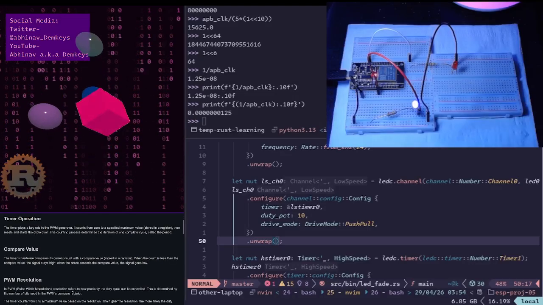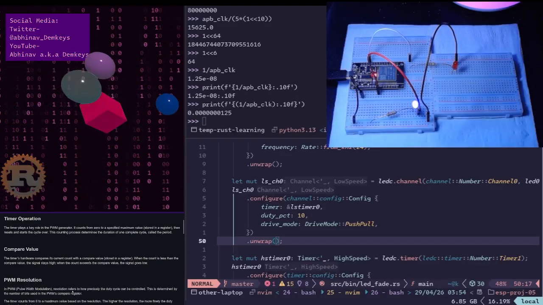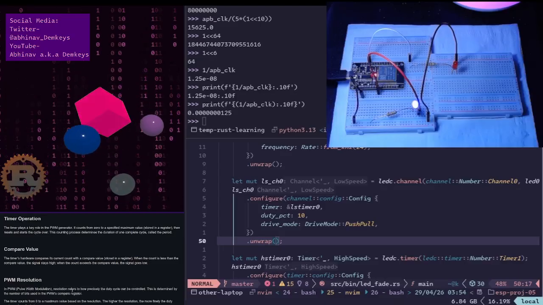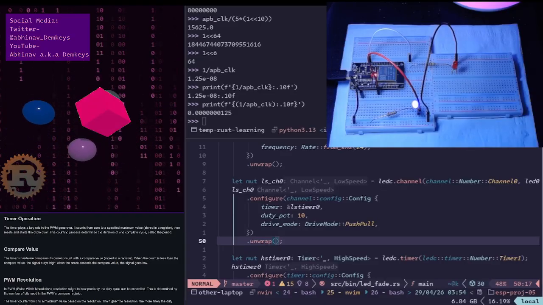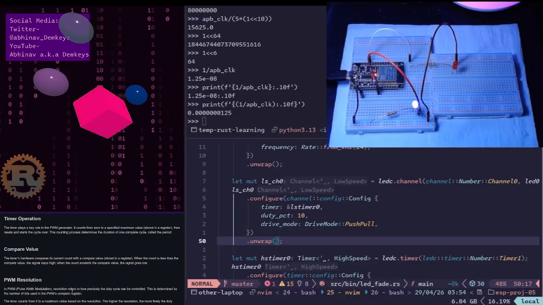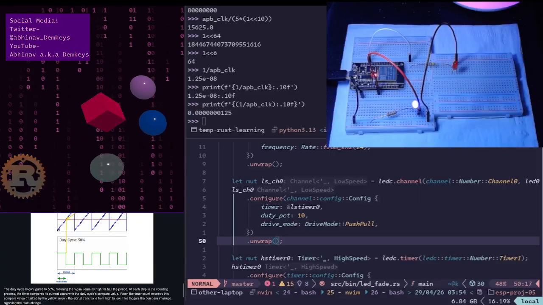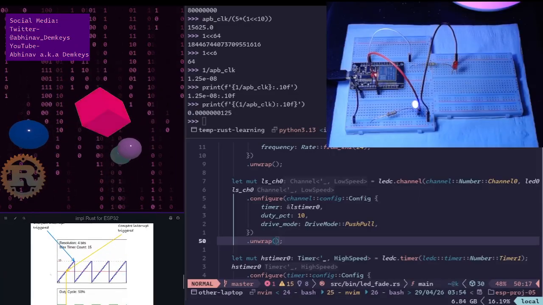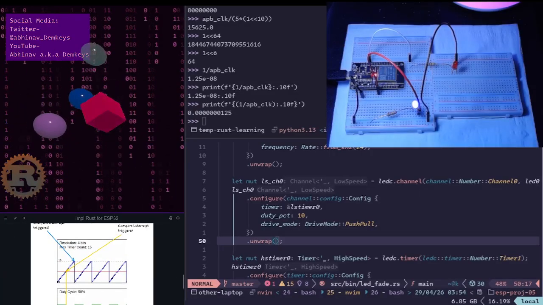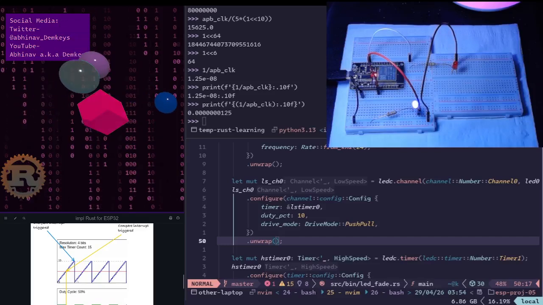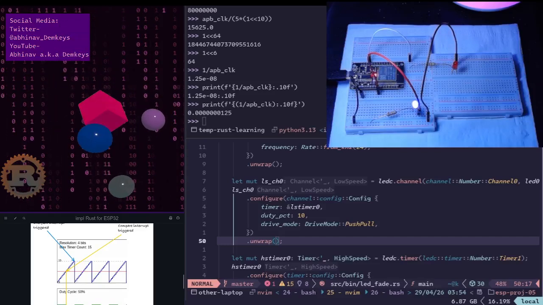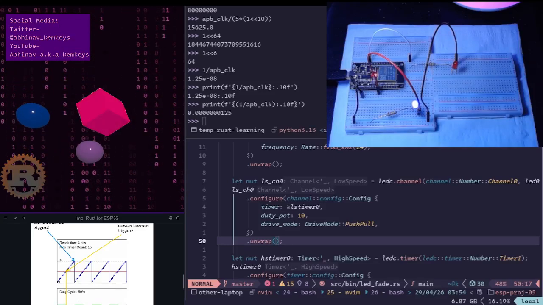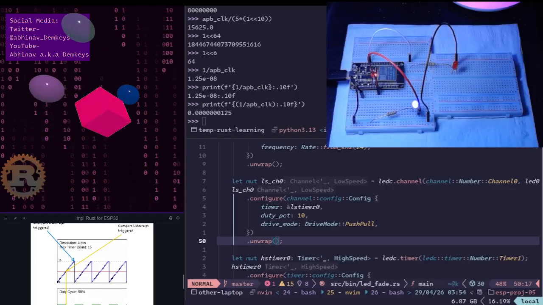Compare value. The timer's hardware compares its count. Why was I reading this? Oh, yeah. I was trying to explain that this is how we generate the pulse. This is how the time is being counted. You can see these discrete steps.